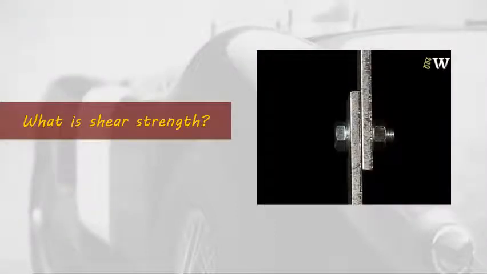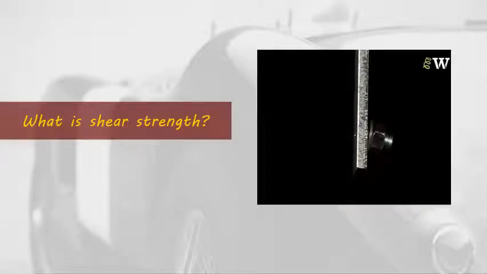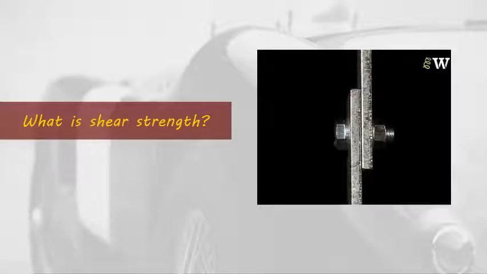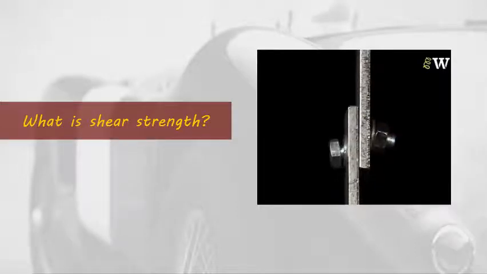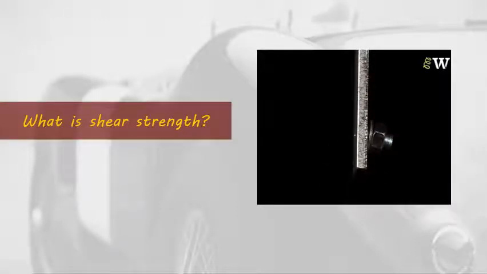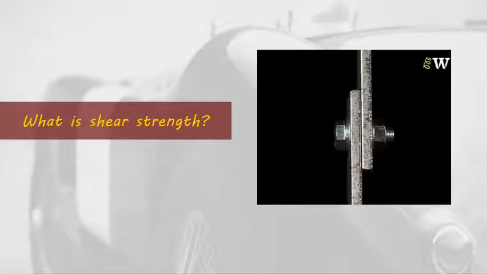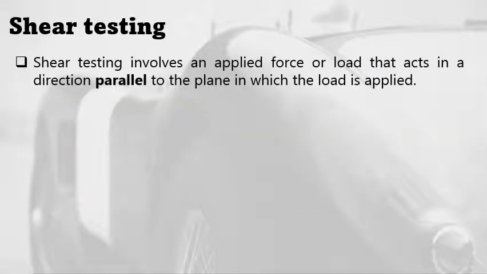So what is shear testing? There are some applications of material wherein it will be undergoing shearing, just like what you can see here in the illustration, especially in the bolt and nut application, for example. So we have to test whether the material can withstand those shear stresses. Shear testing involves an applied force or load that acts in a direction parallel to the plane in which the load is applied.